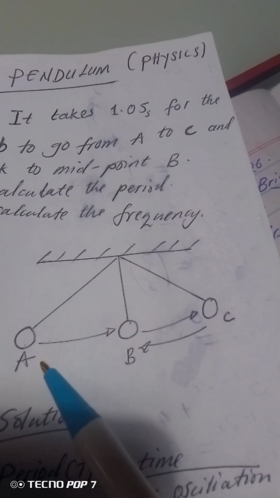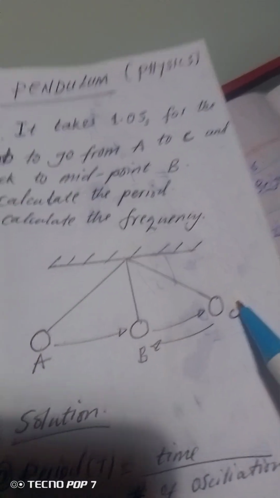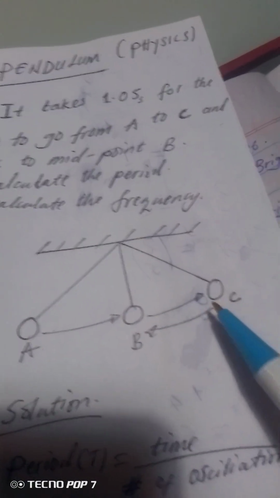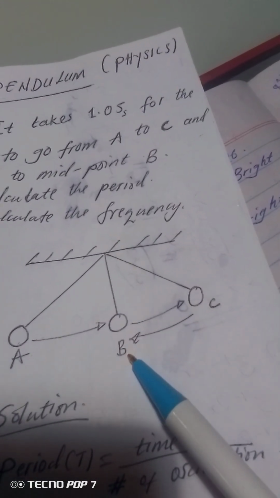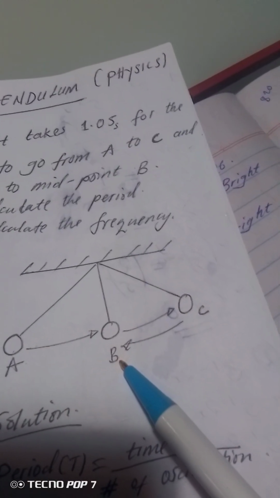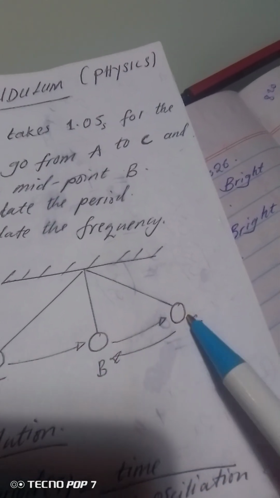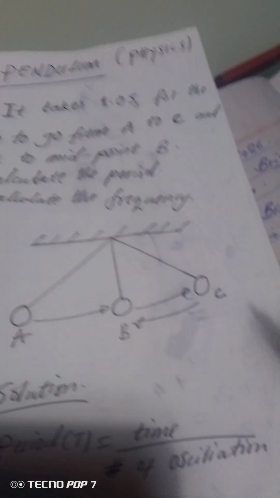Then from A to C, that's a half: quarter plus quarter is half. C to B, 3/4. A to C, then back to A, that's 1.